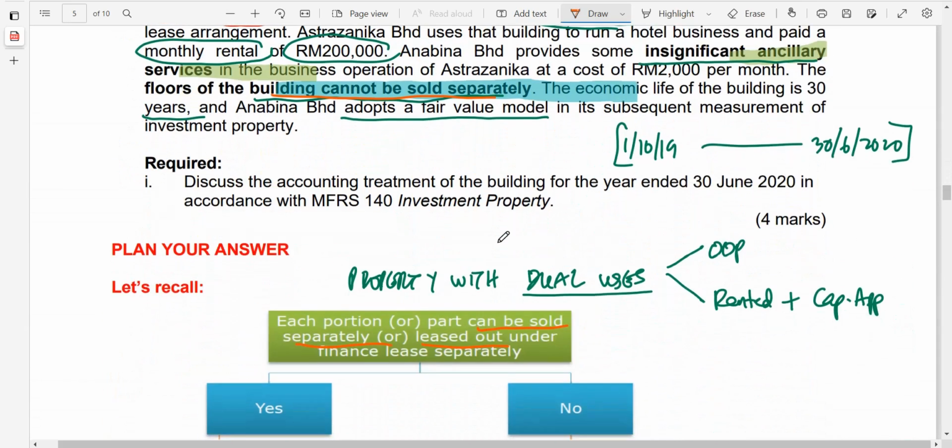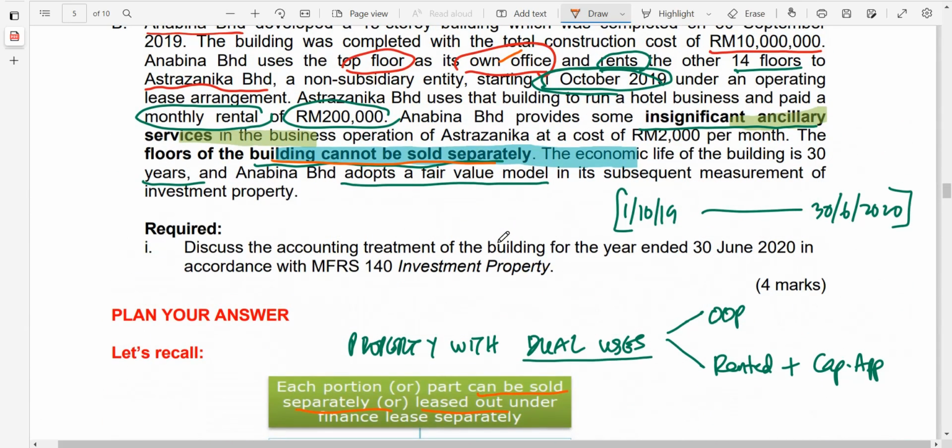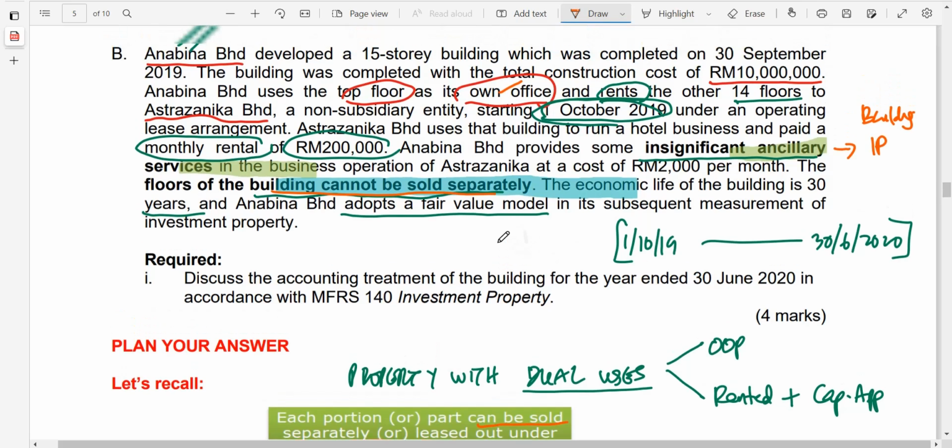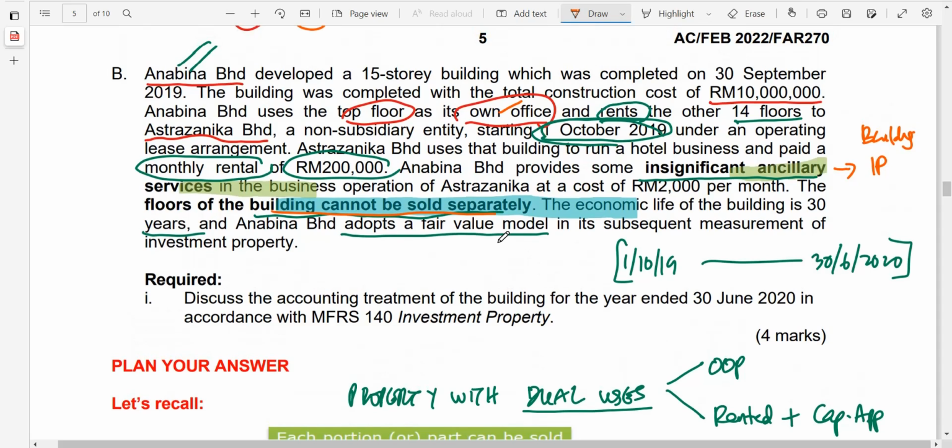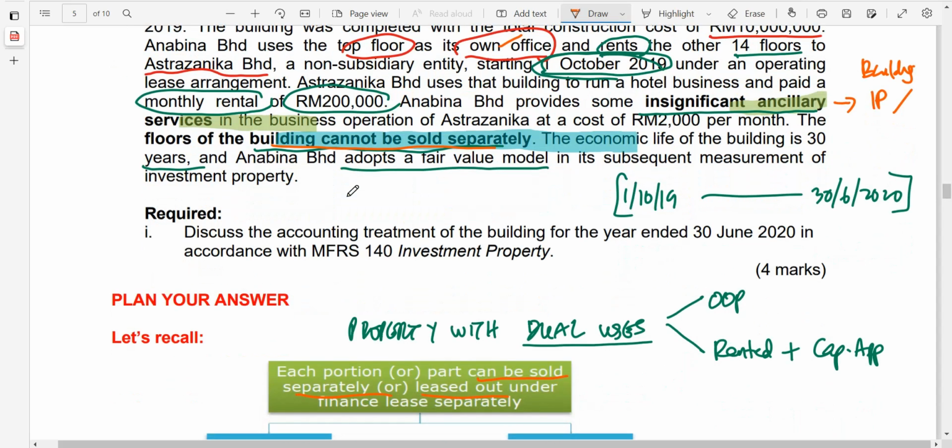So in our case, the insignificant ancillary service here shows that it will be accounted for as an IP. So the building now is accounted for as IP. You can refer to point A, which is the discussion that I just did for A, to rely on this. Okay, so therefore, for both situations, it will be accounted for as IP.